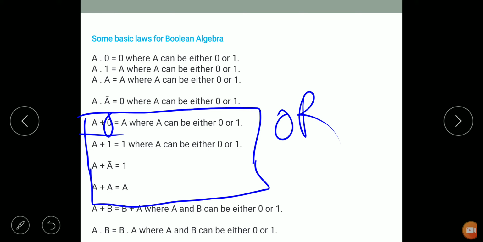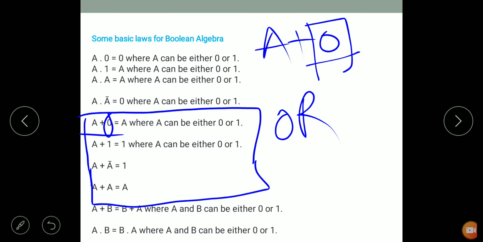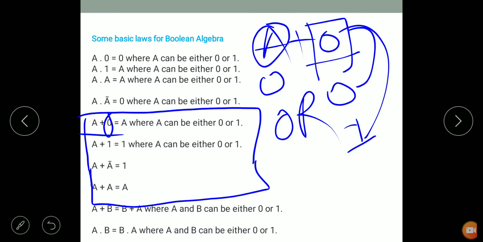This will not change, but the value of a changes. It is either 0 or 1. These two combinations are possible: 0 plus 0 is 0, and 0 plus 1 is 1. So these two combinations are possible for a plus 0.